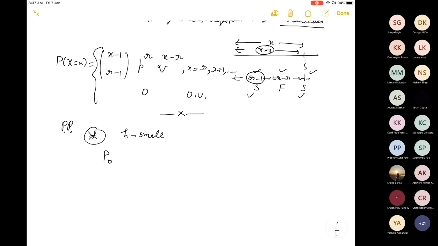So P_0(t plus h) is the probability that N(t plus h) is 0. Let me denote it like this: N(0 to t plus h) equals 0. This is a notation that in the interval 0 to t plus h, here 0 events occur.